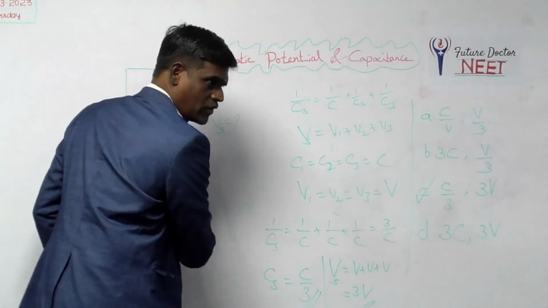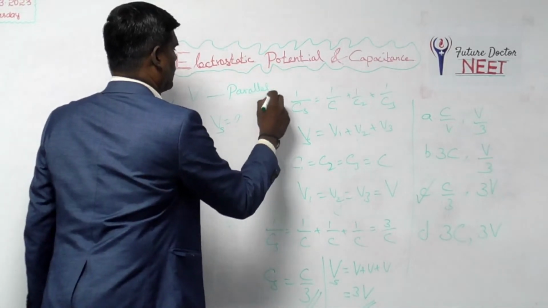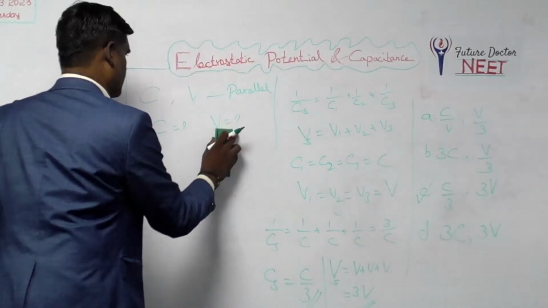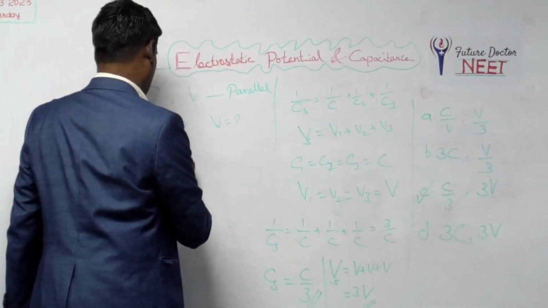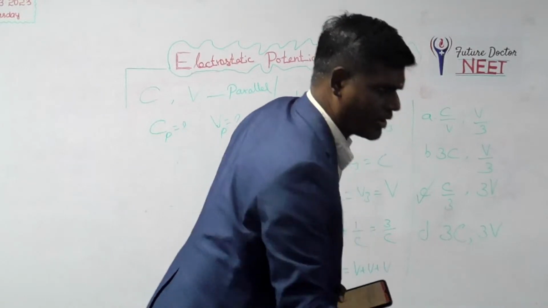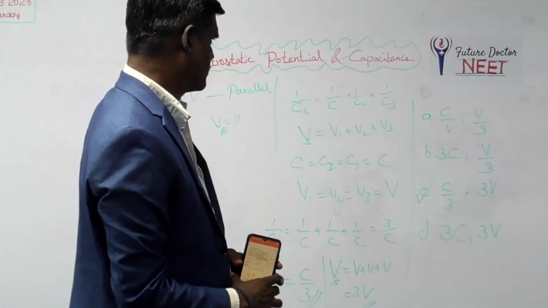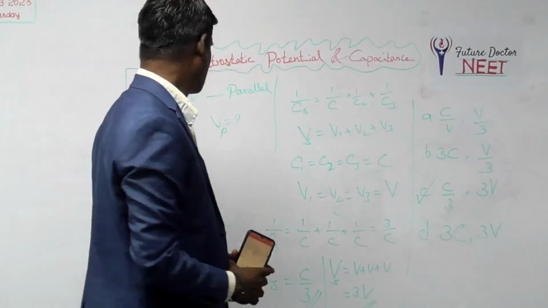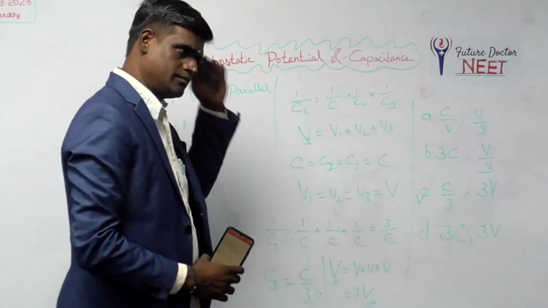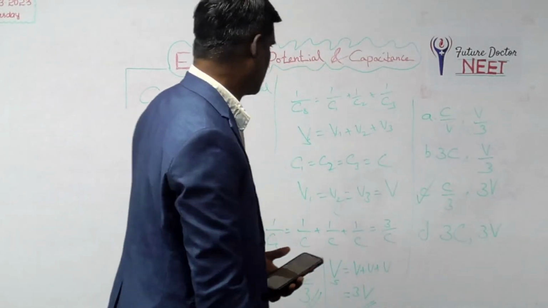No option is given, I am just giving it on the spot. So when it is in parallel, find CP and VP. For parallel, CP equal to C1 plus C2 plus C3. You try to find the answer for parallel, and we'll continue next class, because now the live session is there.